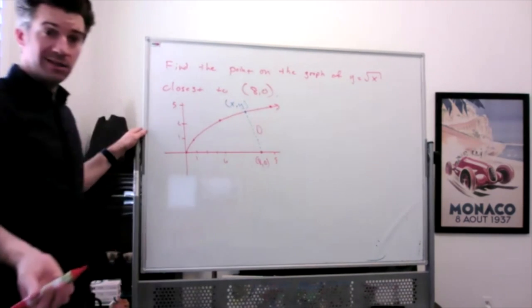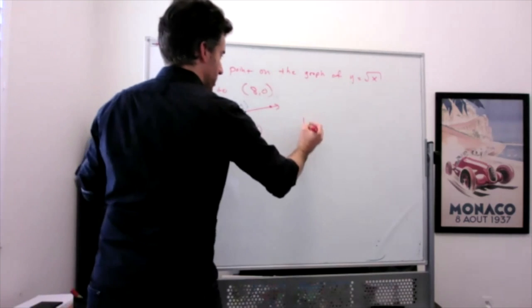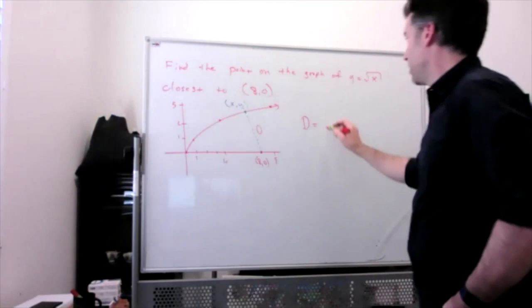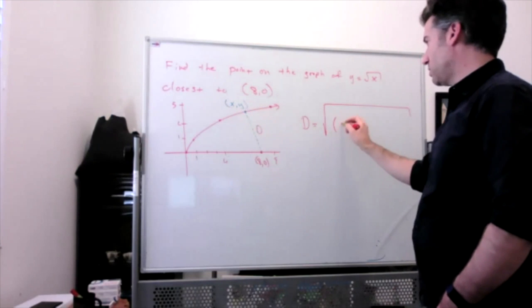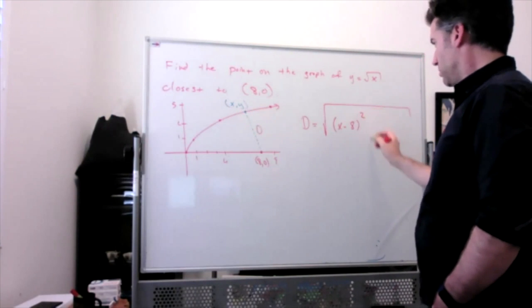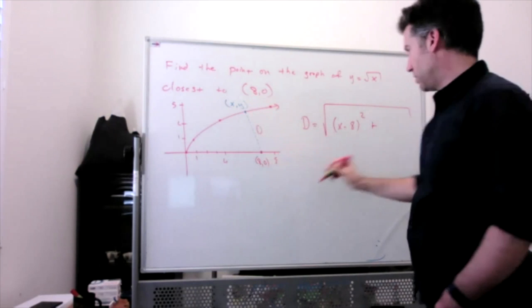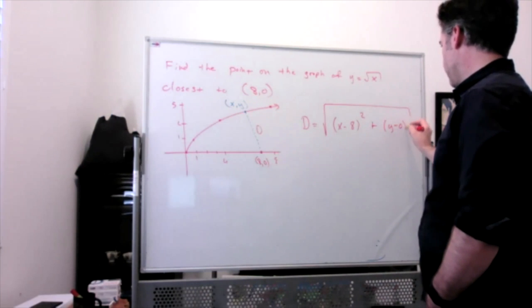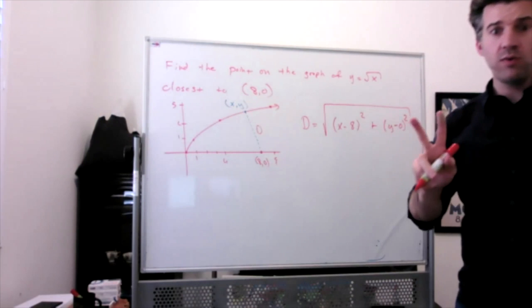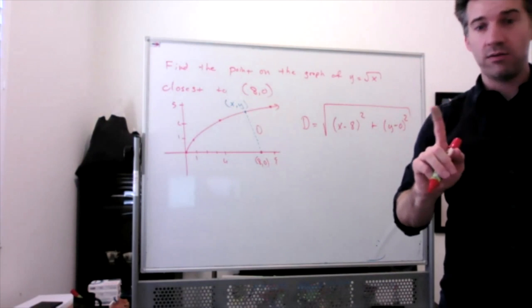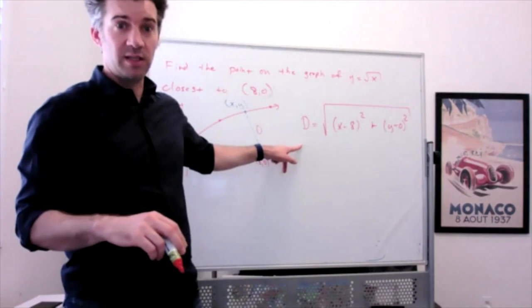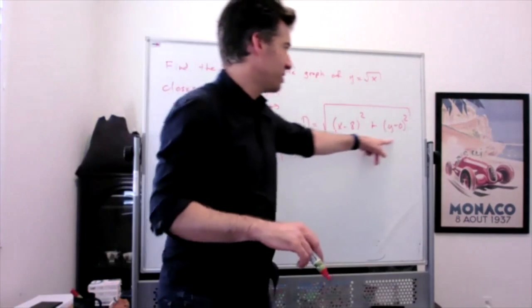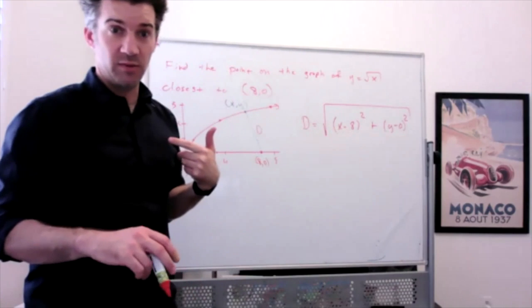So I need to write the distance. So the distance is equal to the square root of (x minus 8) quantity squared plus (y minus 0) quantity squared. 2 things. Thing 1, if you want to make the distance as small as possible, our job is really just to make the inside as small as possible, right?